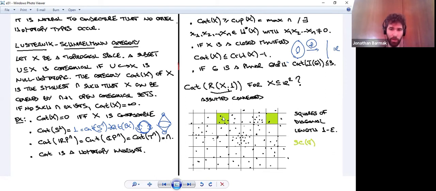So we can consider these 2 star clusters, and I claim that they are disjoint. Because if we had a vertex which is in both star clusters, in particular the distance of this vertex to each of the squares should be smaller than 1.